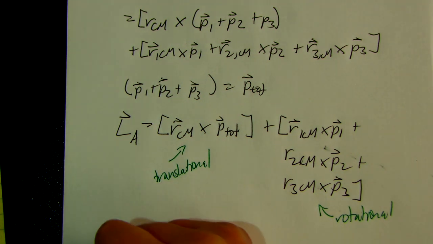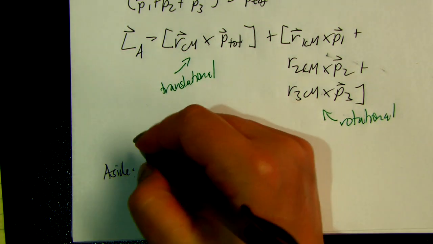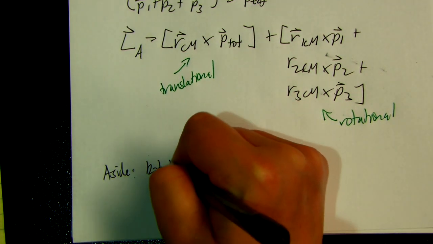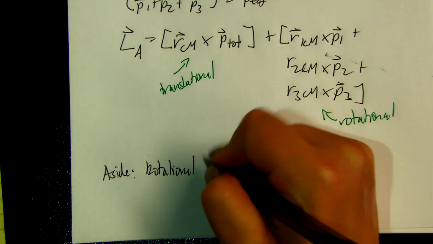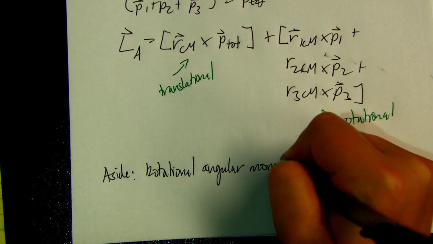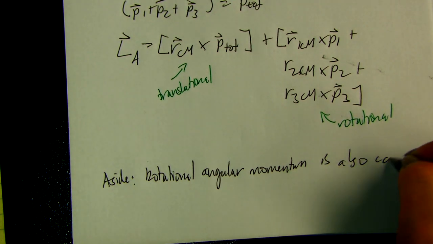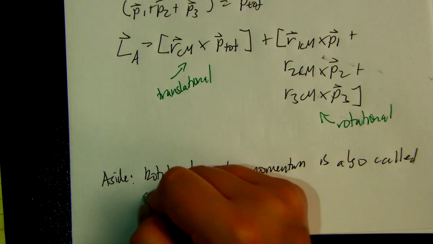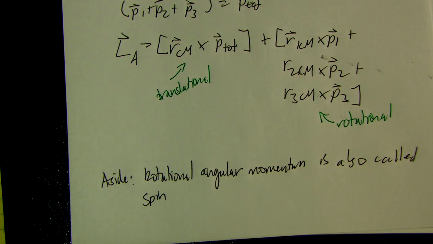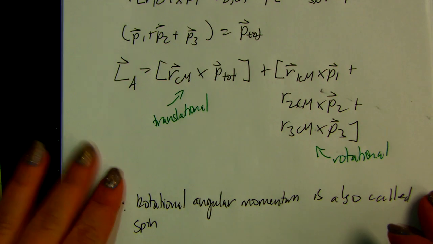By the way, just an aside, here it is, rotational angular momentum is also called spin. So you'll hear spin from time to time. All that is rotational angular momentum. All right.